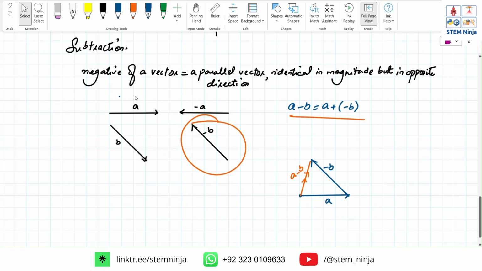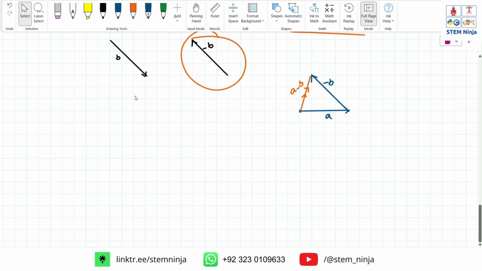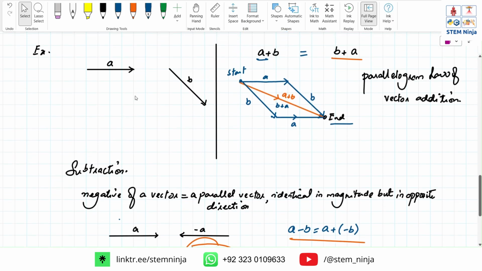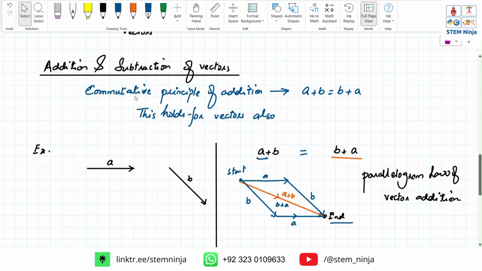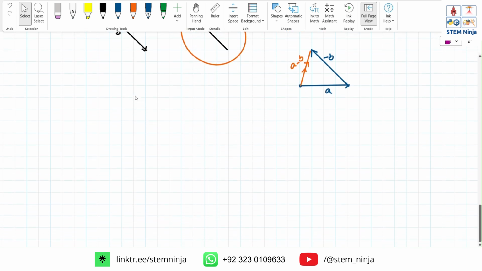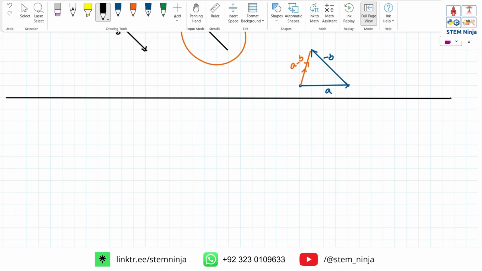Now, moving on. These were vector addition and subtraction. To understand this, we need to know a few more things and we'll practice this concept also. So we are familiar with the concept of general vectors and position vectors.